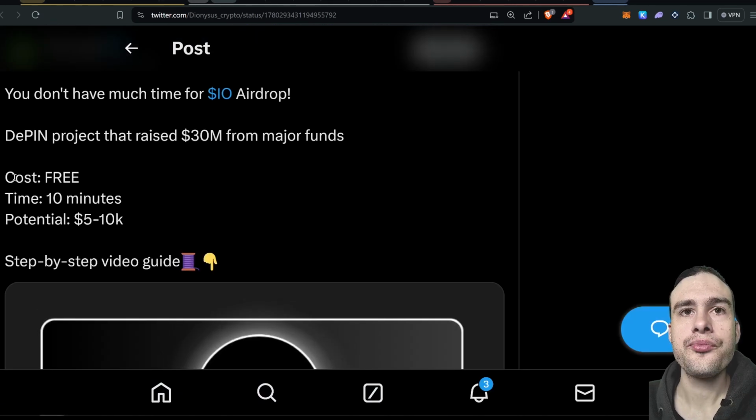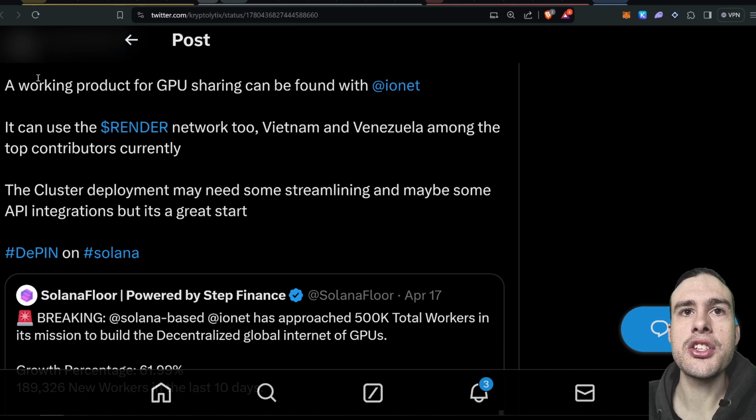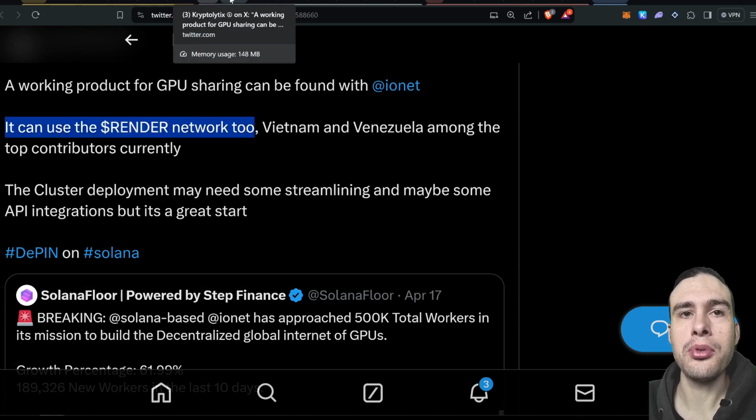Anyway, they did raise $30 million from a seed round, so that means there might be a decent airdrop. I'm not sure when the snapshot will be taken, but regardless, it's pretty cool. And as I mentioned, I haven't seen anywhere where you can actually farm Render, and this might be one of the places because you can select the Render Network when you're deploying a cluster.